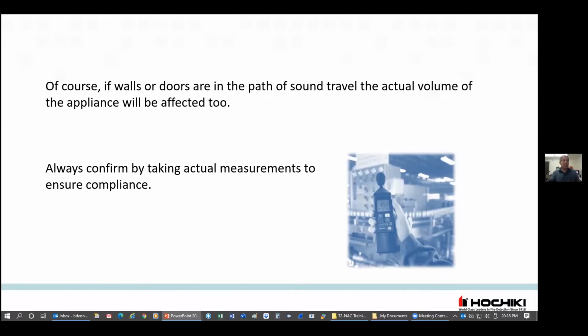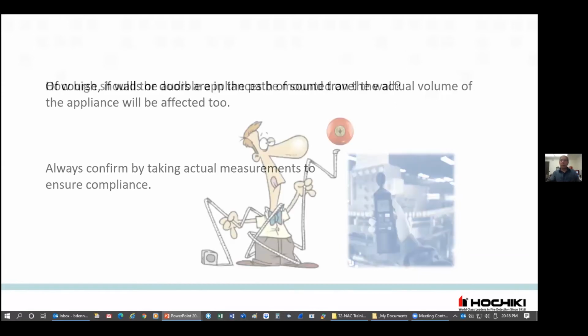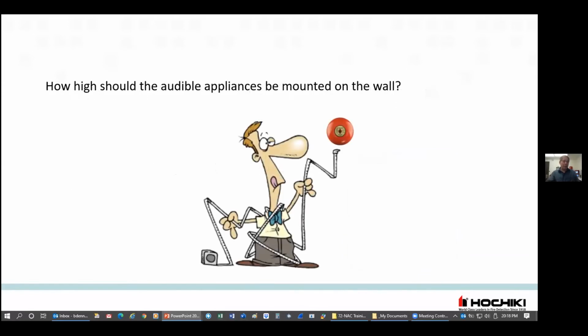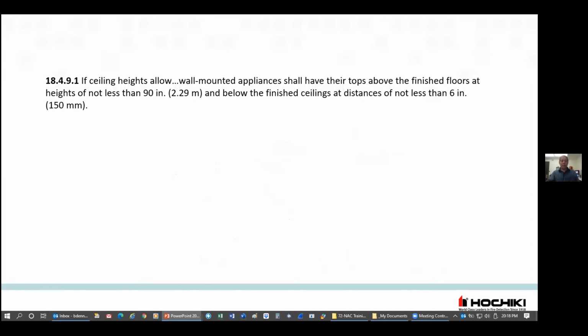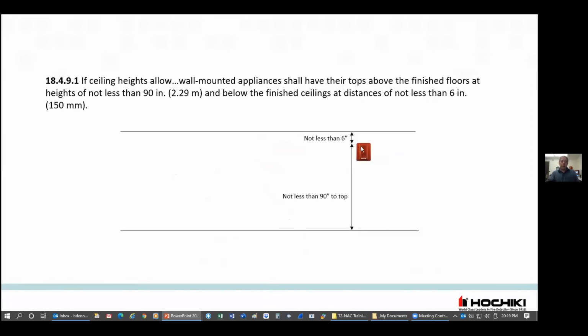Now, what about the installation of these appliances? How high should they be mounted on the wall? NFPA 72 tells us about that as well. It tells us that the top of the appliance, if the ceiling heights allow, should be not less than 90 inches or 2.29 meters, but the top should be not less than 6 inches or 150 millimeters from the ceiling.